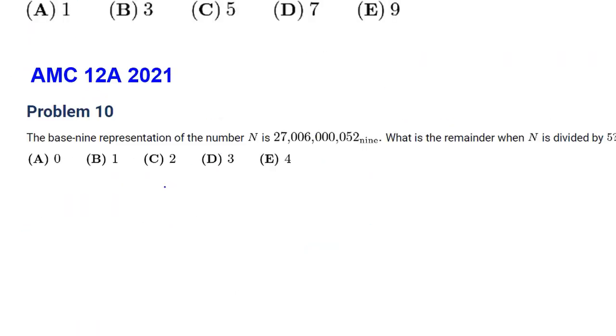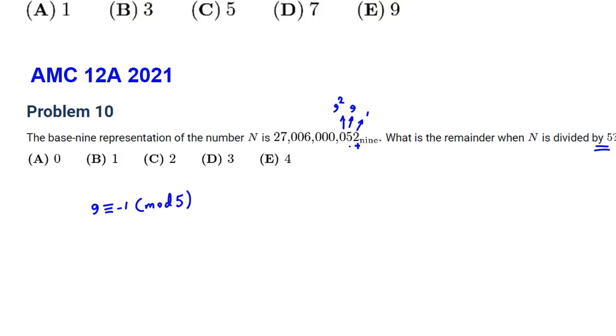Let's solve the next one. It says the base 9 representation of the number n is this. What's the remainder when n is divided by 5? Because it is base 9, you multiply this by 1, this by 9, this one by 9 squared. But because we want to consider mod 5, we know 9 mod 5 is negative 1.